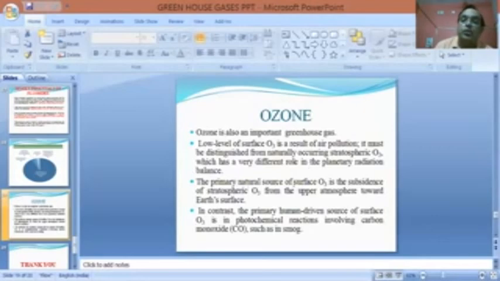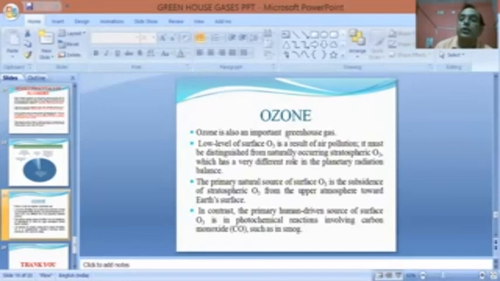A primary natural source of ozone is this, as I have told you, and ozone is also formed during photochemical pollution reactions occurring on the surface of the earth.